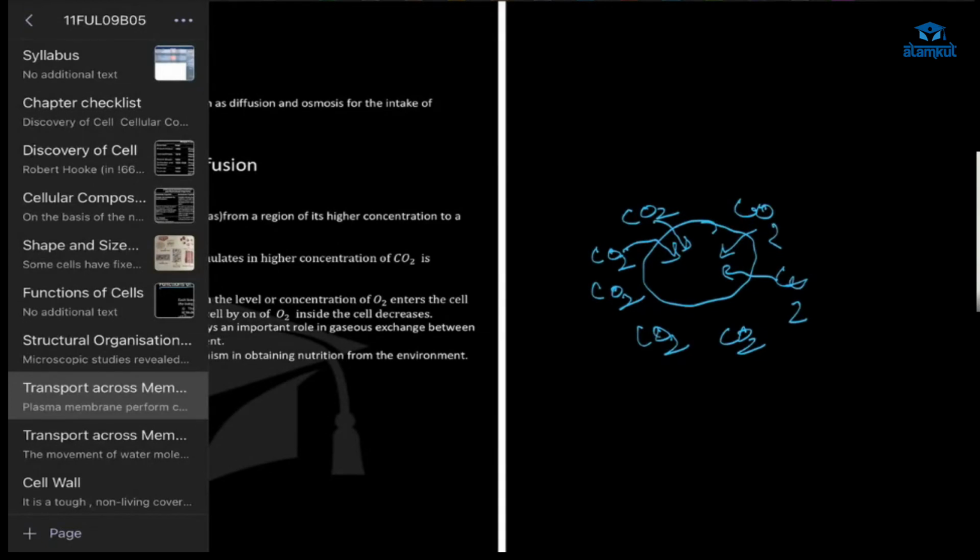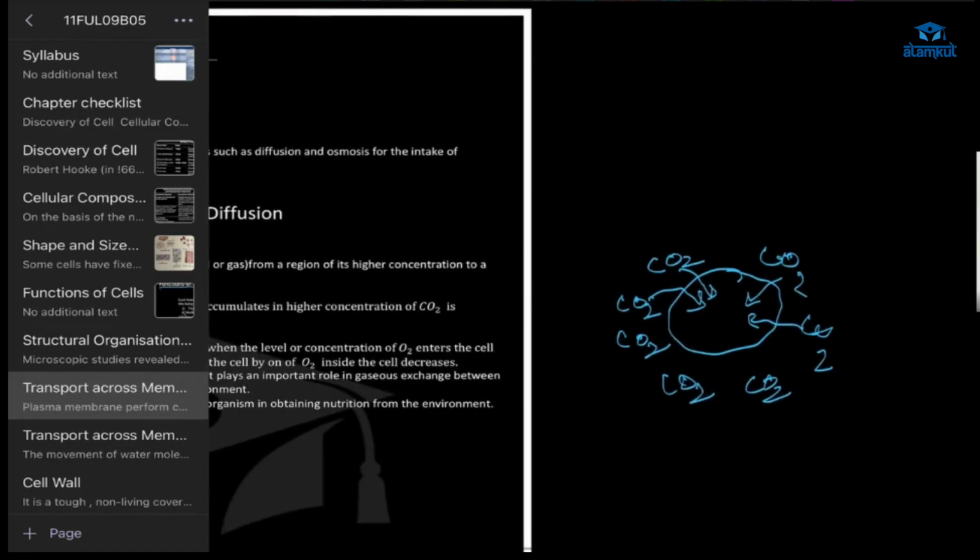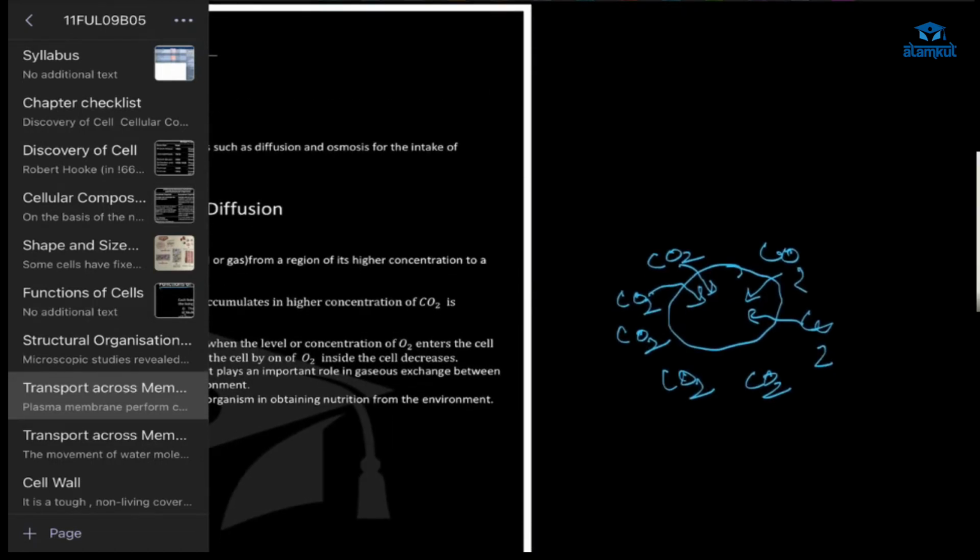So what is diffusion? Diffusion is the movement of substances from higher concentration to lower concentration.